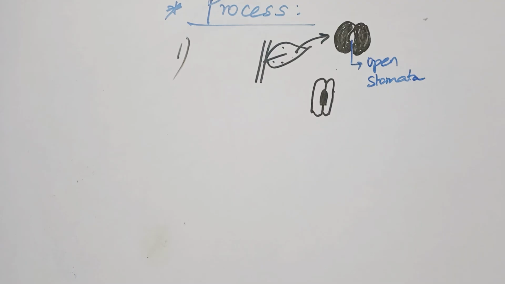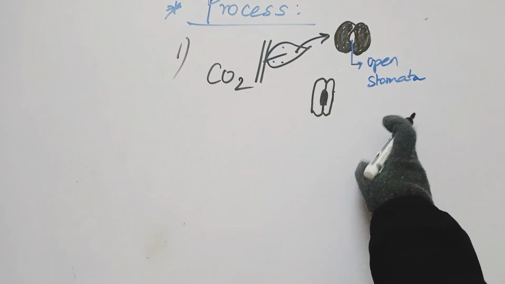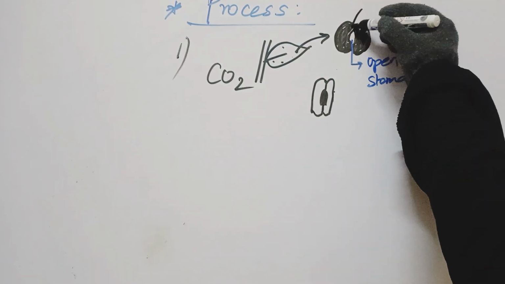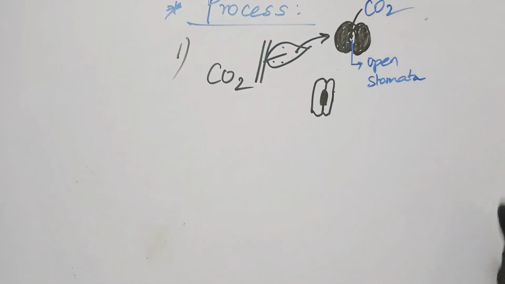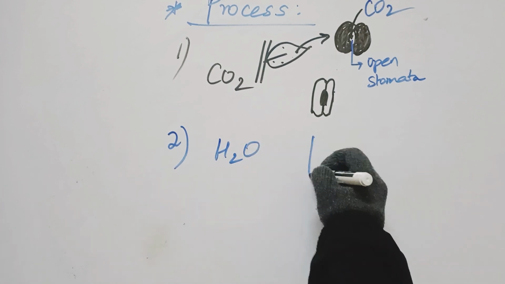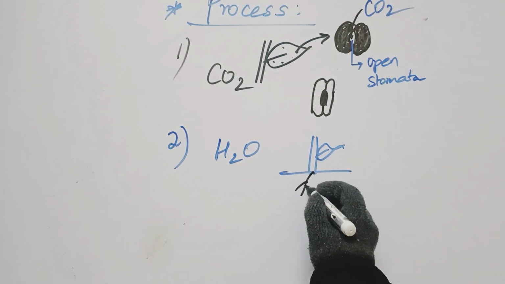Is that point clear? So now when the plant wants CO2, the stomata is going to open up like this, and from here CO2 is going to go inside and the plant is going to use it. Okay, talking about the next ingredient, that is H2O. As I told, the plant definitely has roots underground.